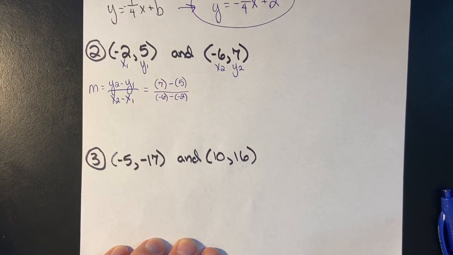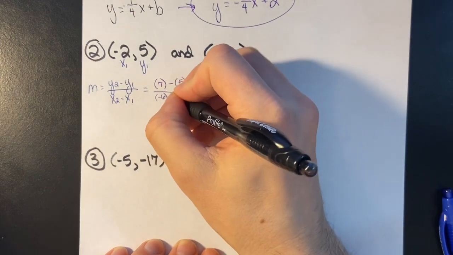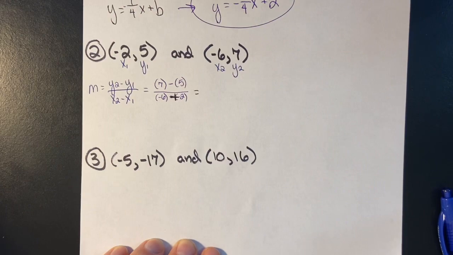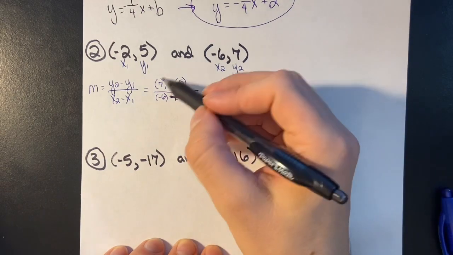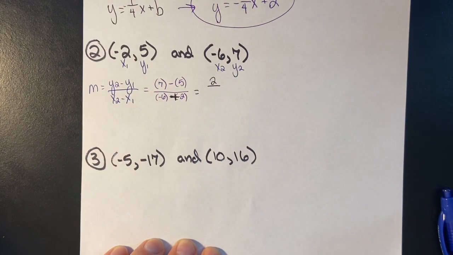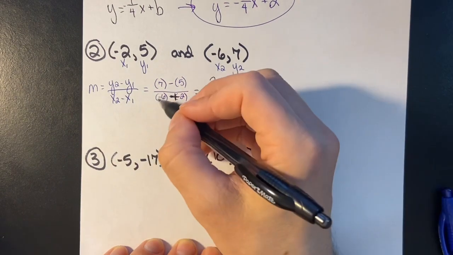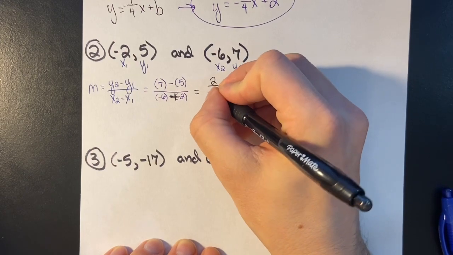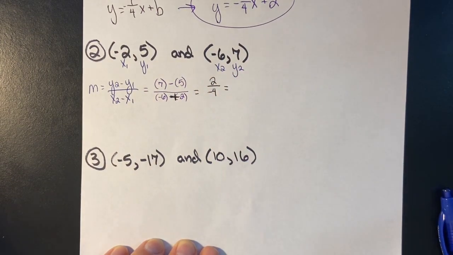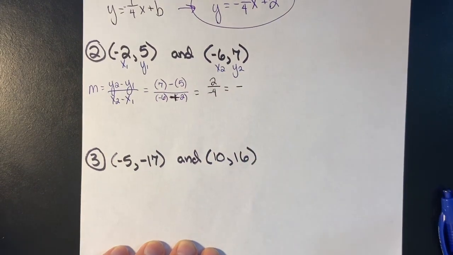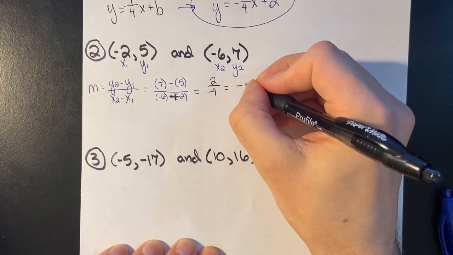If you see a double negative, make it positive, and I see a double negative right there. 7 minus 5 is 2, and negative 6 plus 2 is negative 4. Simplify your fraction. 2 divided by negative 4 is negative, and 2 over 4 is a half.